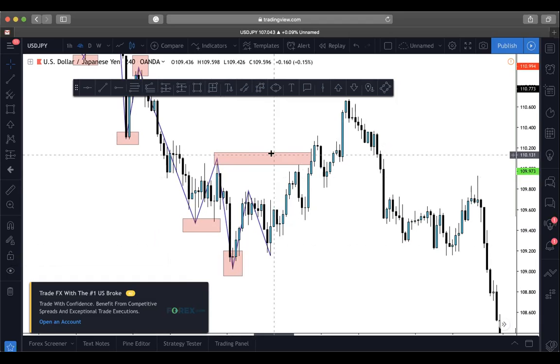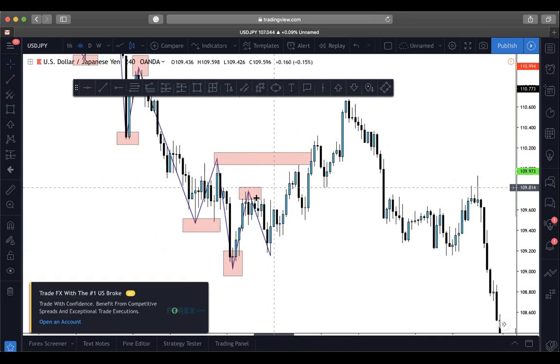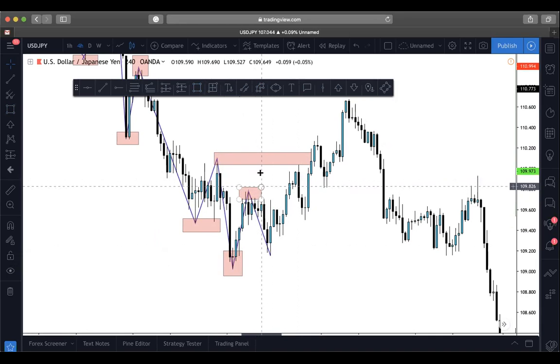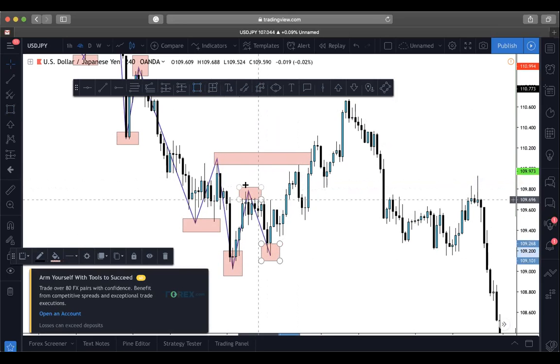Now, the market started making the characteristics of an uptrend before breaking the structure. So you see the market makes this, but you don't know if this is a high yet. The market pulled back. Sometimes you could think this is the lower high, but it's not the lower high yet until the market makes a low.